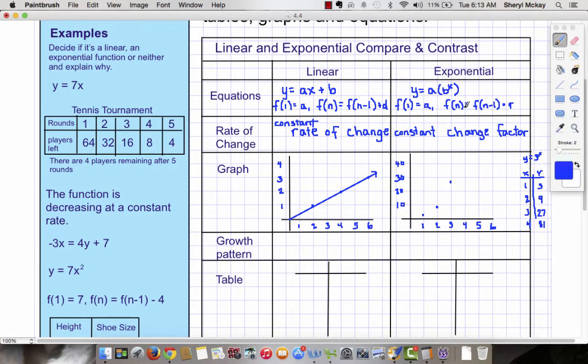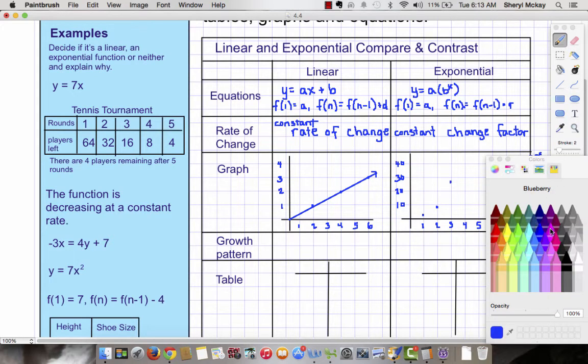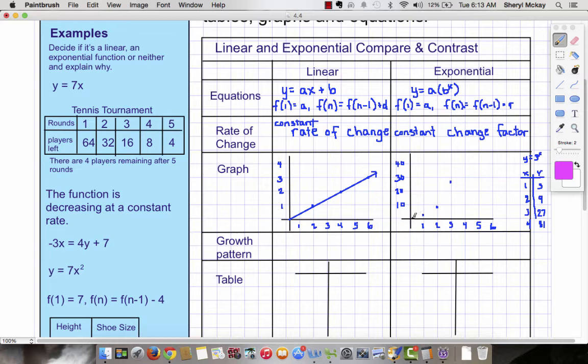I'll even make a little point there so you can see it. Okay, so that's an exponential graph.